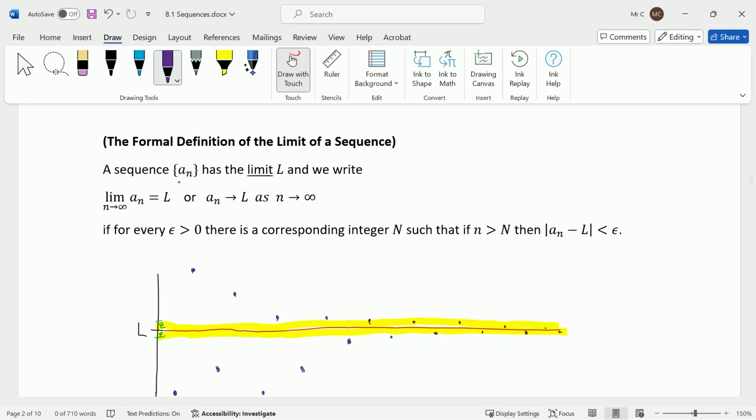A sequence a sub n has the limit L, and we write the limit as n goes to infinity of a sub n equals L, or a sub n goes to L as n goes to infinity, if for every epsilon greater than 0, there is a corresponding integer N such that if little n is bigger than big N, the distance between the terms a sub n and L is less than epsilon.